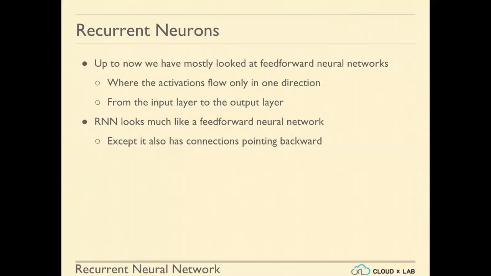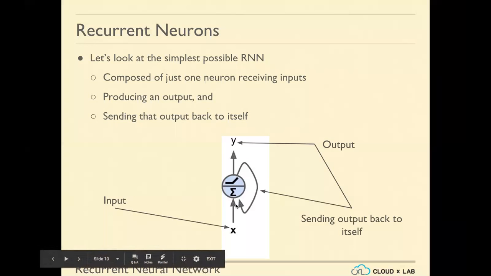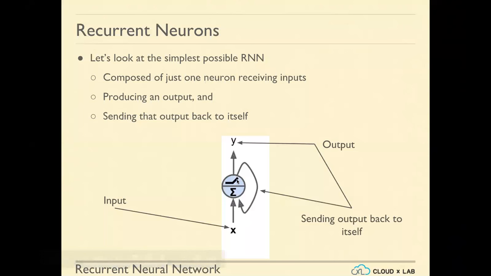An RNN looks much like a feed-forward neural network, except it also has connections pointing backwards. RNNs have this extra component in which the output itself is fed back here. Of course, there is a weight that is multiplied here, and a weight that is multiplied here. So this is the input, this is our representation of a neuron, and this is the output.